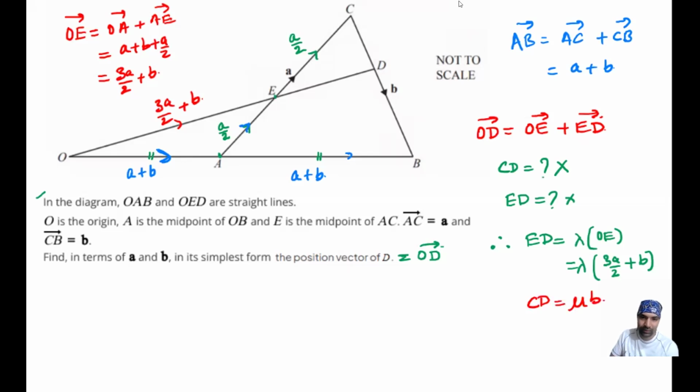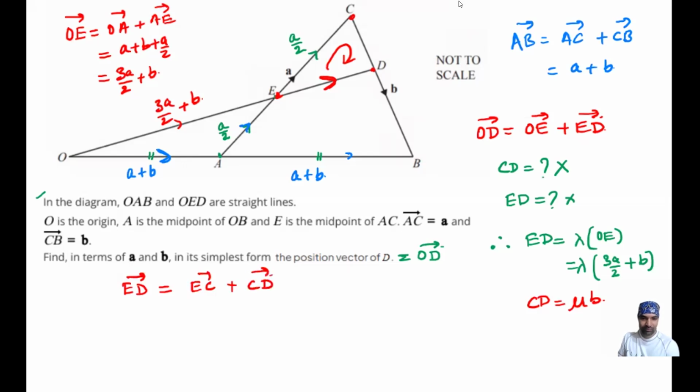Now in this triangle ECD, you apply the triangle of vector addition to get ED. Therefore, vector ED is equal to EC vector plus CD vector.